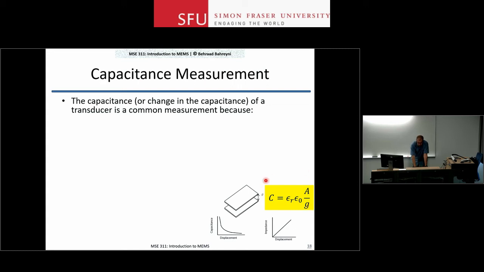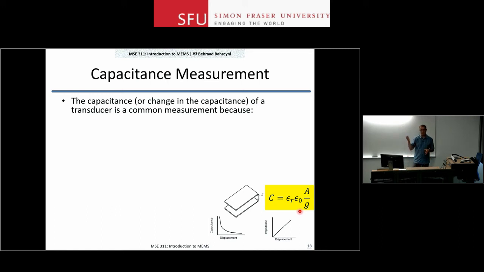So a capacitance is given by this expression. If I have two electrodes, A is their effective area, basically meaning the portion of the areas that they see of each other. So if it is like this, it's just this portion. If it is this, it's the entire electrode. G is the gap between them. I'm assuming parallel plates.